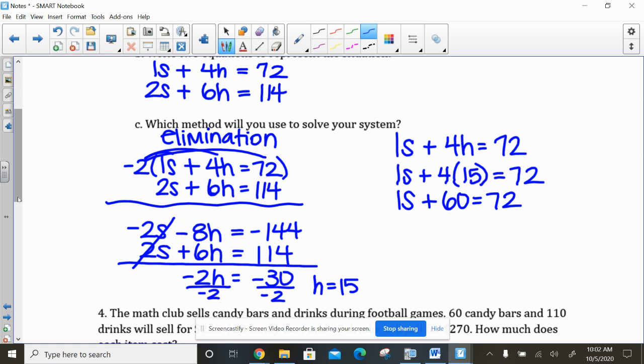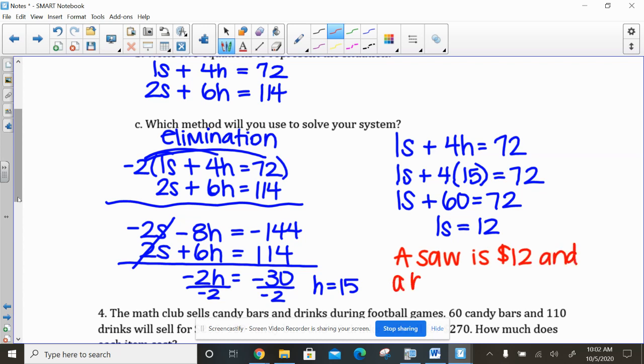I subtract 60, 72 minus 60, and I have that 1 saw equals 12. So the final answer here is that a saw is $12 and a hammer is $15.